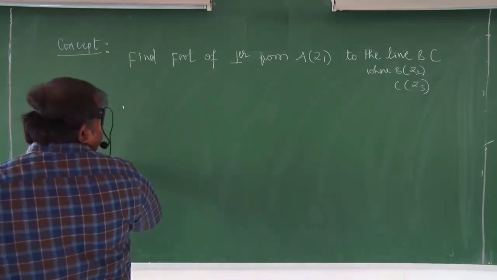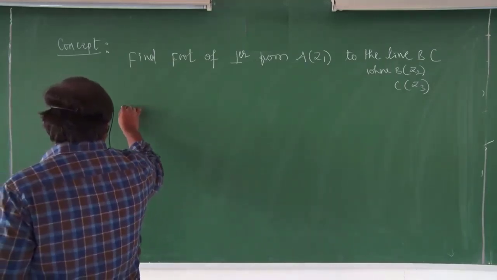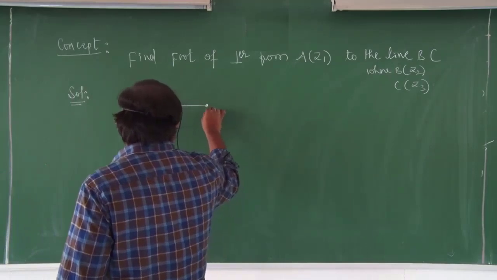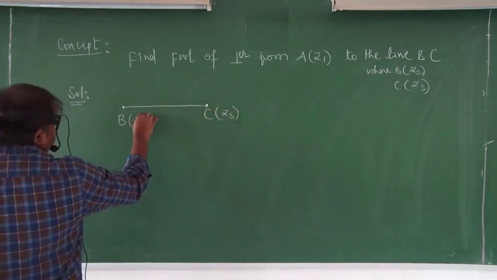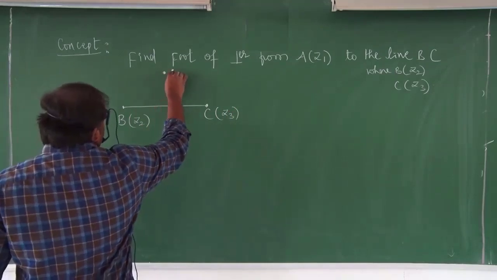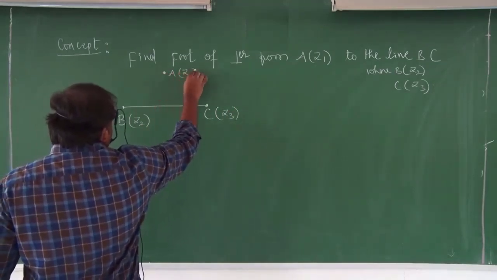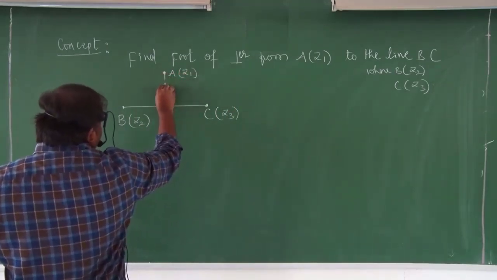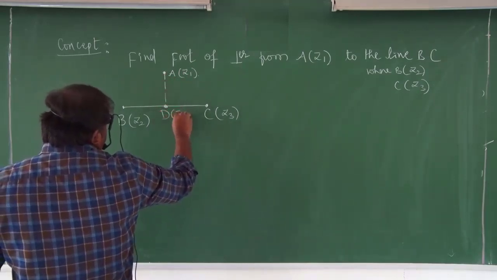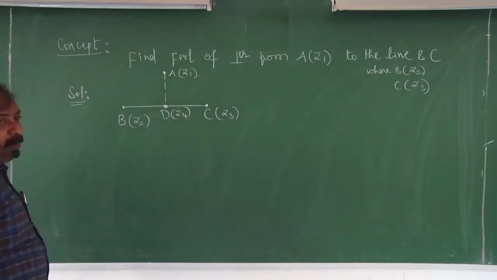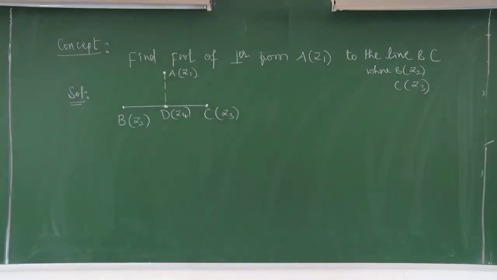So let this be B of Z2, this is C of Z3, and let this be A of Z1. Let the foot of perpendicular be Z4.